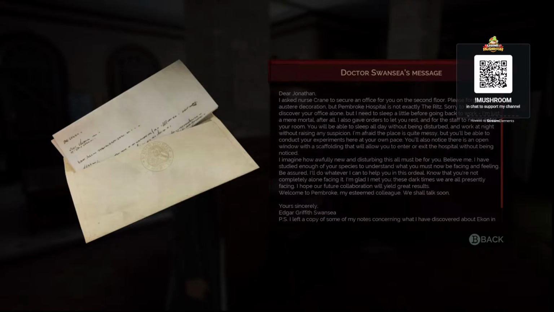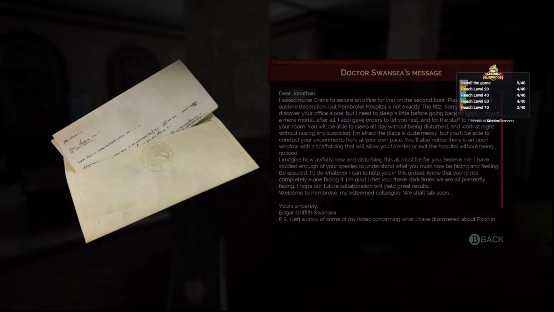That's quite the missive. I imagine how awfully new and disturbing this all must be for you. Believe me, I have studied enough of your species to understand what you must now be facing and feeling. Be assured, I'll do whatever I can to help you in this ordeal. Know that you're not completely alone facing it.